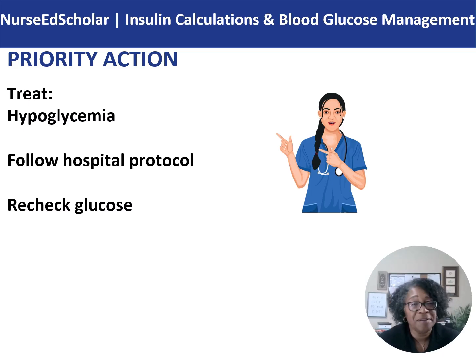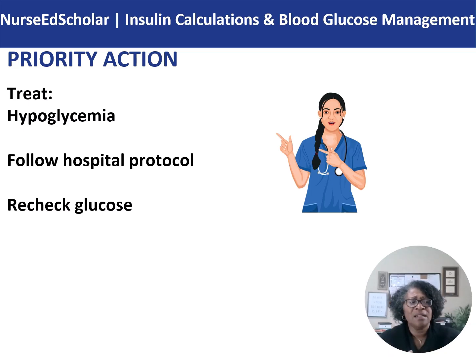There's something called a 15-15 rule, and this is for a person who is not NPO, so they can eat when their blood sugar drops. So the 15-15 rule is 15 grams of carbohydrates, you wait 15 minutes, and then you recheck the blood sugar. On that repeat blood sugar, if their blood sugar is still under 70 milligrams per deciliter, then you give another 15, right?